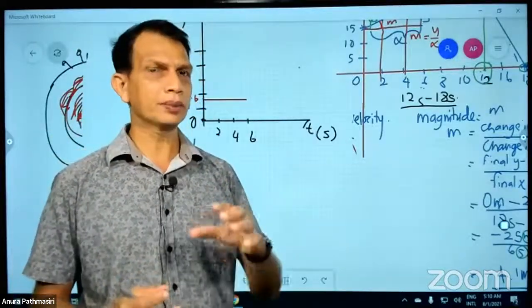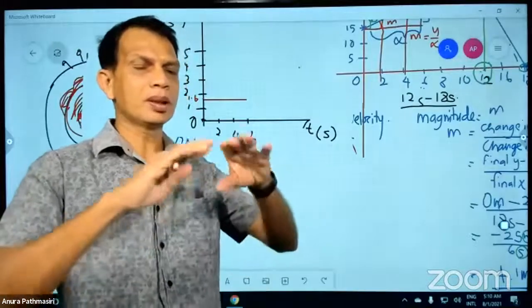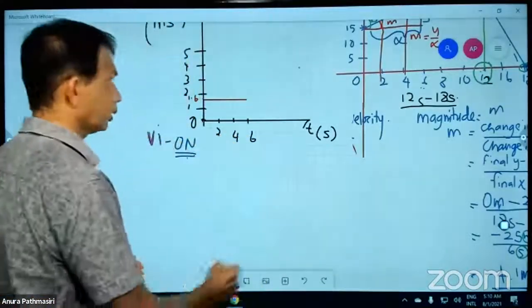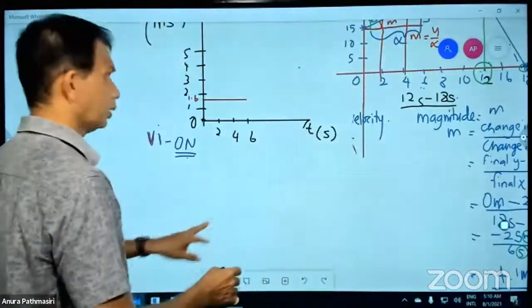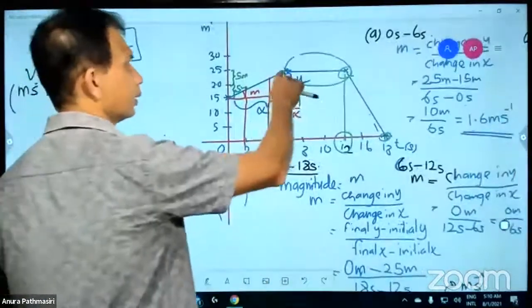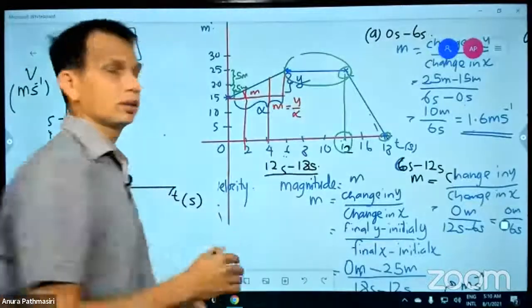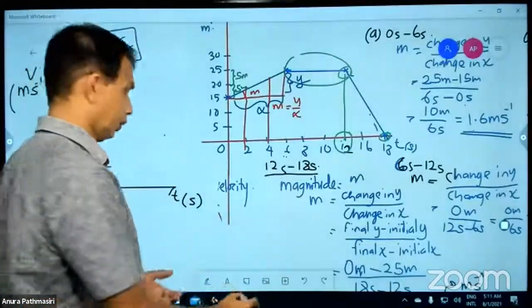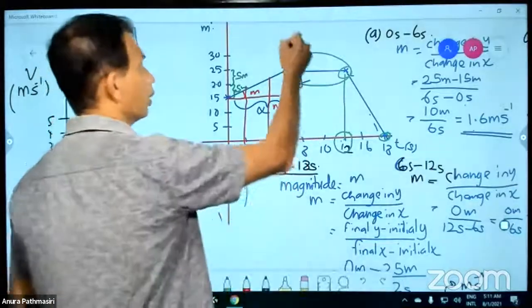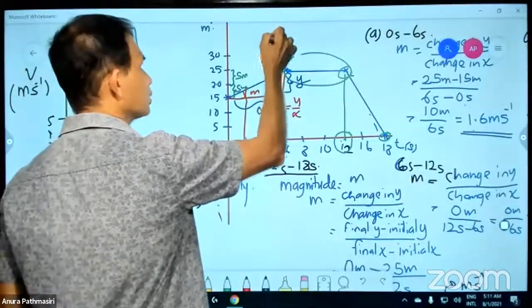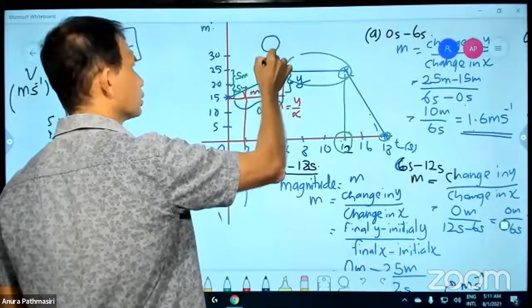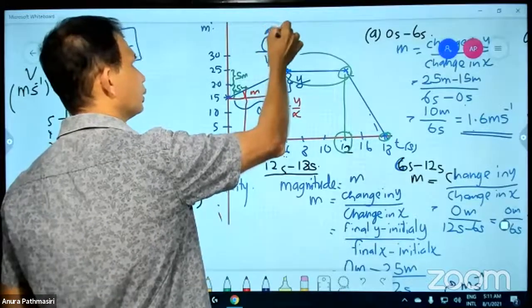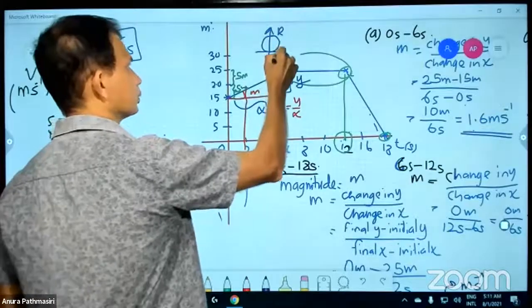So when the object is at rest, the resultant force is zero, because it has two forces, the weight W and the upward perpendicular reaction.